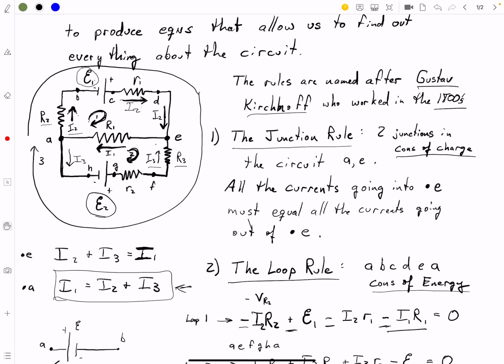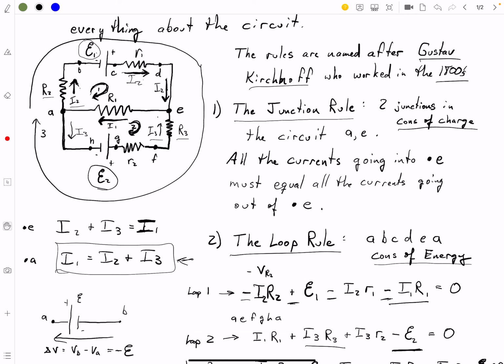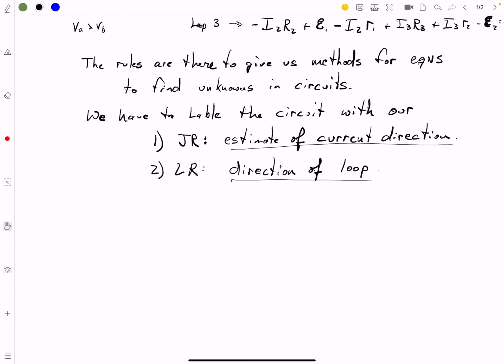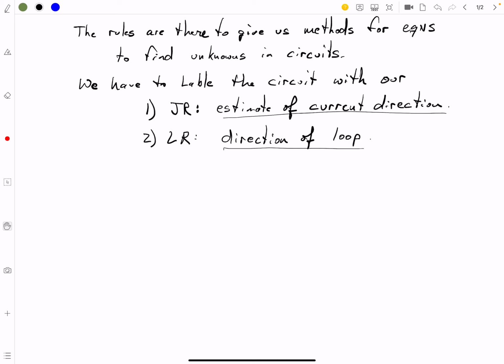Okay, so you can choose your loops any way you want. You can go backwards one way and forward the other way, counterclockwise at times, clockwise. It doesn't matter. As long as you label them and stick to it, okay? Label it and stick with it, and you'll get the right answers. So, that's pretty much it there.